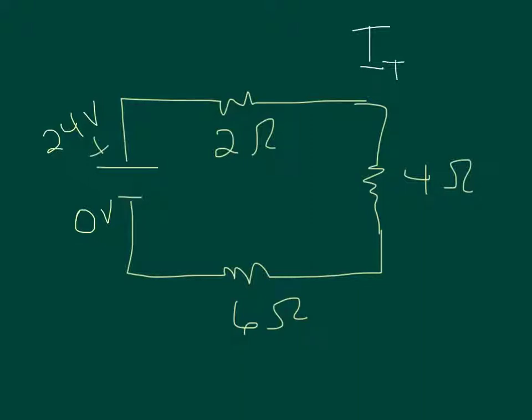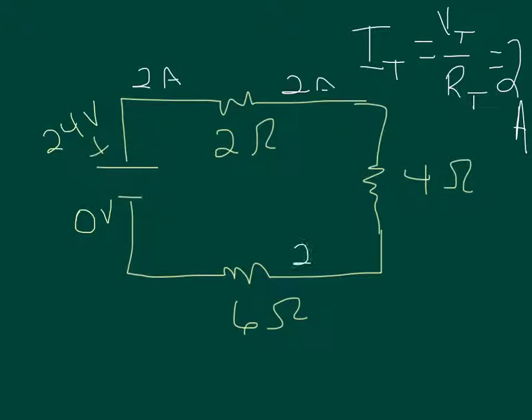I total would be the number of members of the Ampere family. And that's simply V total divided by R total. And that's 24 divided by 12. There are 2 amperes in the family. So it's 2 amps there, 2 amps there, and 2 amps there.